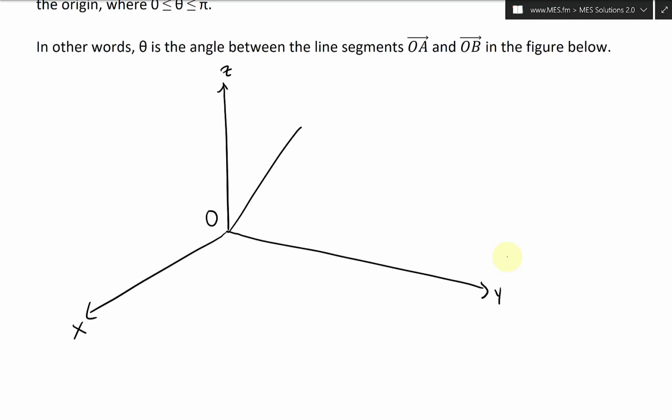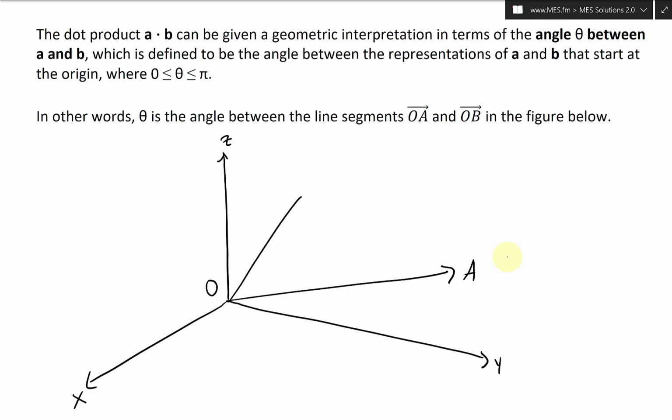I'll draw this first. This is A, so we're going to A. This is going to B. So there's the OA, and this angle theta is there. Let's say the origin, this is the vector A, and this is the vector B.